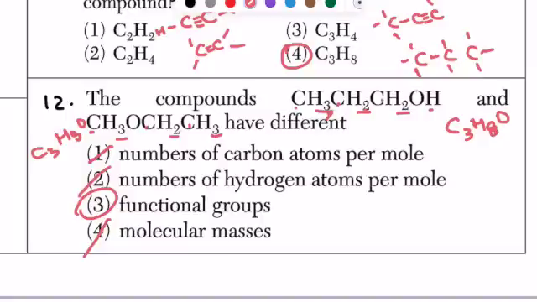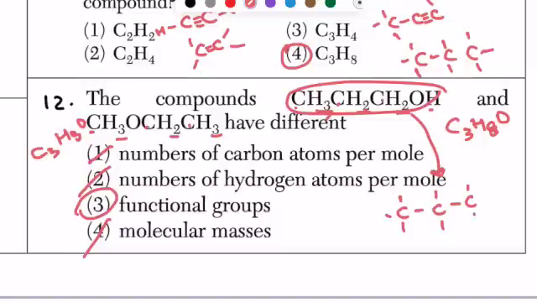So here's how we know that they have different functional groups. If you try to draw out the first one, we see that we have CH3, then we have a carbon with 2 hydrogens, then we have a carbon with 2 hydrogens, and then we have an OH.